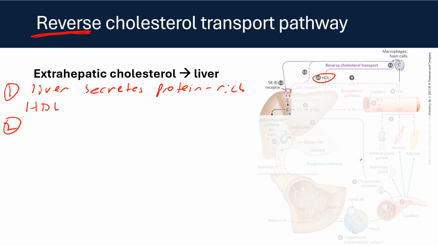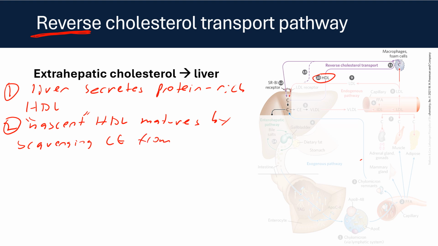Step 2, what we will call nascent or freshly secreted HDL matures by scavenging cholesterol esters from either VLDLs or chylomicrons.